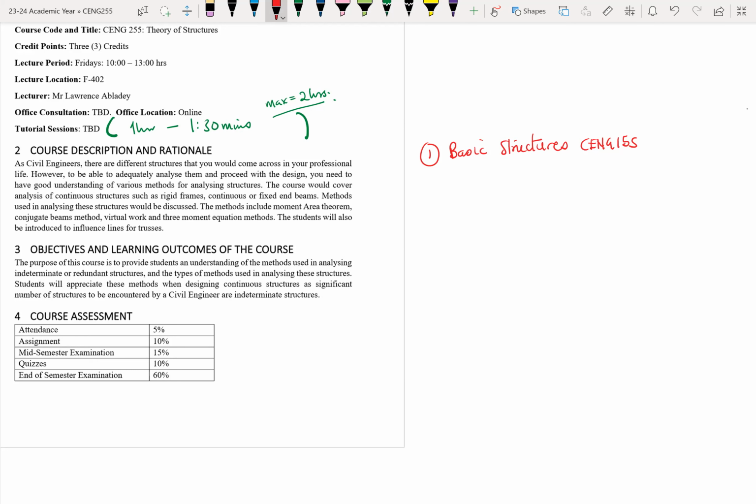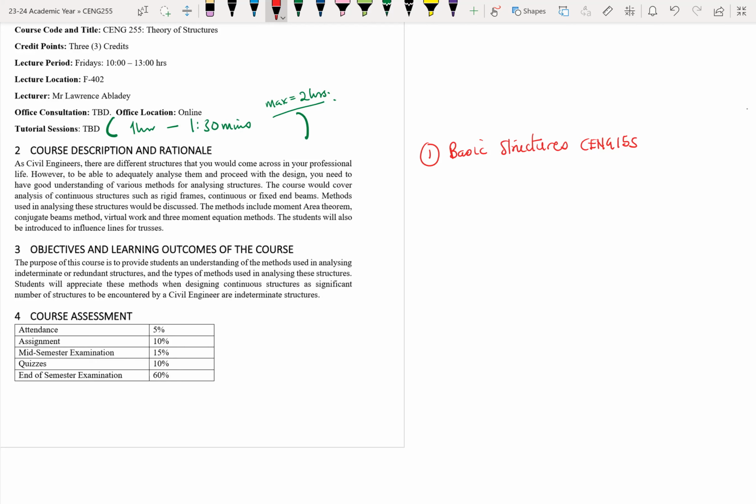And then you also focus on the basic support conditions, and understand what loads are. We'll try and go through some of them. You understand the internal behavior in terms of internal forces, and then you are able to analyze statically determinate structures.